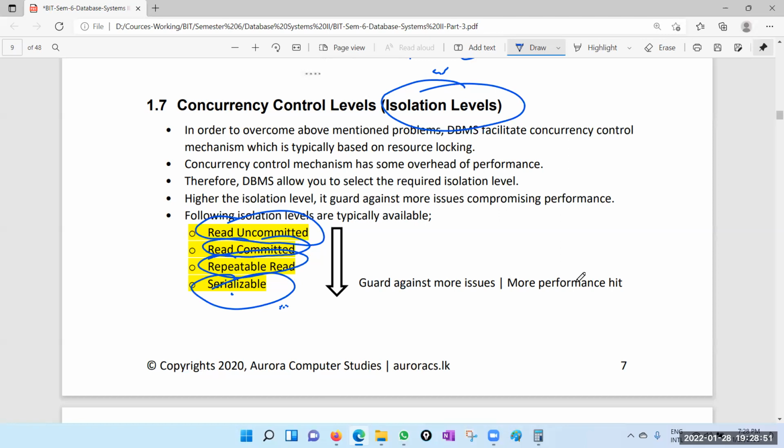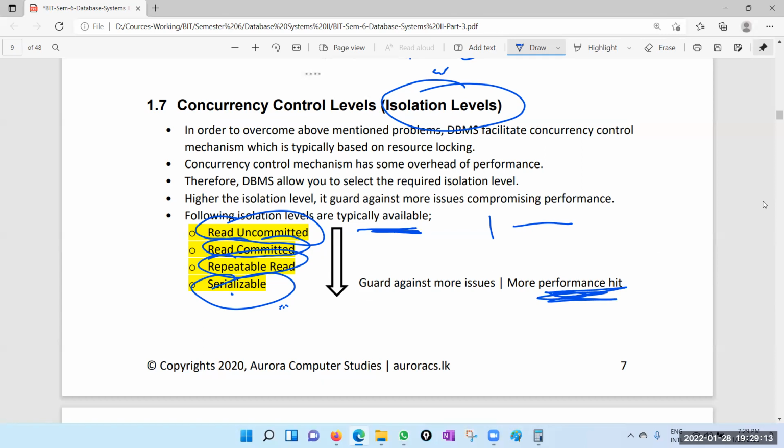The best in the sense it prevents all the possible evils. But that is where you have the biggest performance hit as well. So read uncommitted level is the least guards, but best performance. So here all the guards are there working, but the performance is lesser.